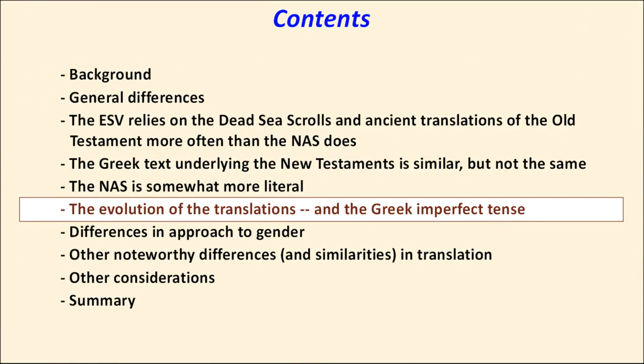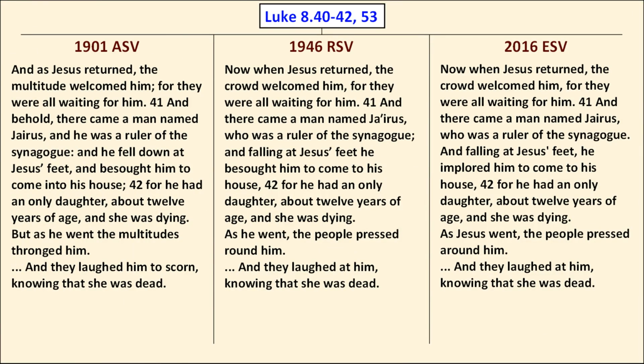In the next section, we'll examine the development of each translation, starting with the ASV, their most recent common ancestor. We'll also spend some time discussing the translation of the Greek imperfect tense to help understand the changes introduced by the NAS. We'll begin with the development of the ESV. Here we see the text of Luke chapter 8, verses 40 through 42, along with verse 53.